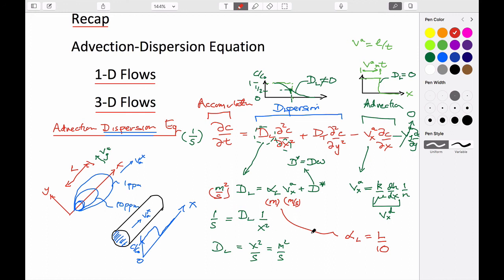But it turns out to be more a property of the geometry of the plume. This is the length of the plume, whatever size it currently is, and you divide that by 10, and you have this unit. This is units of length. So that's what we talked about last time, what we finished up with.